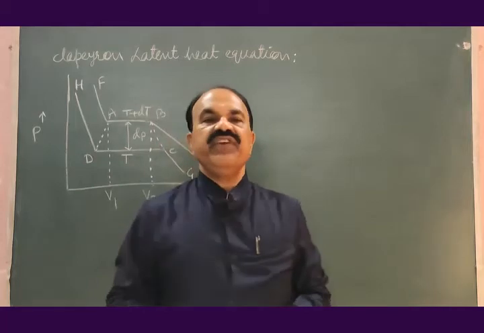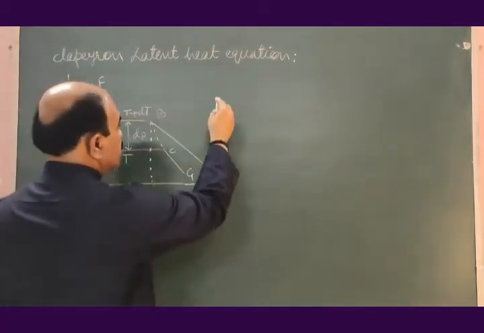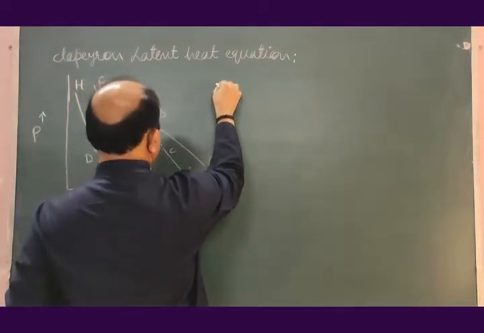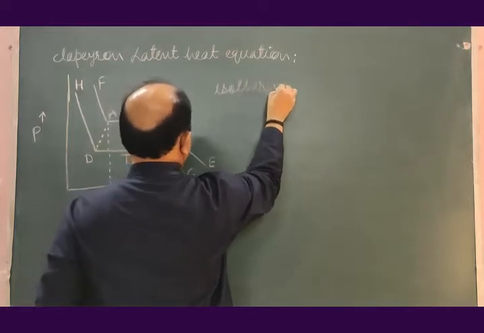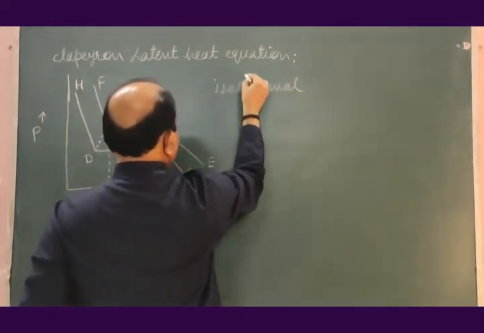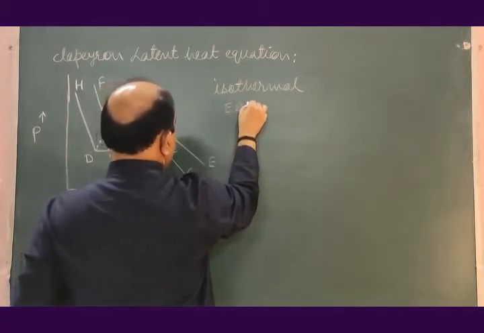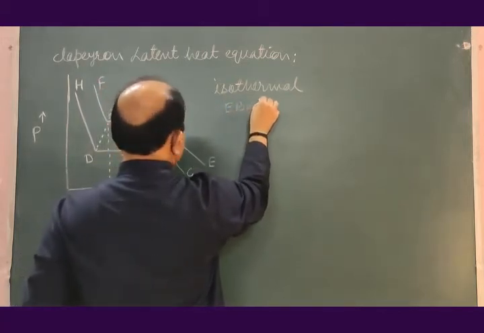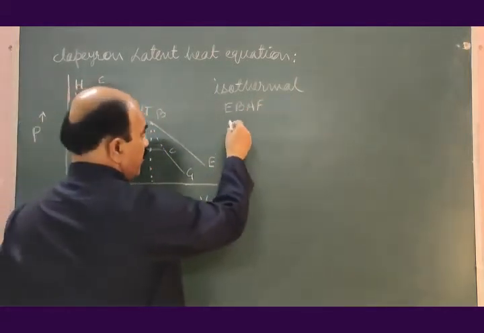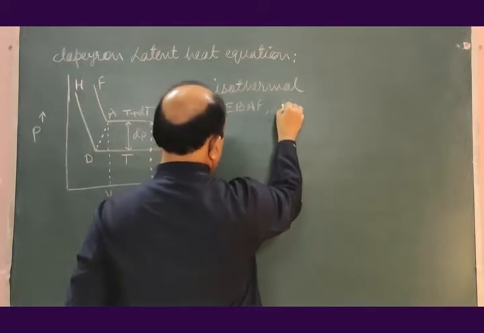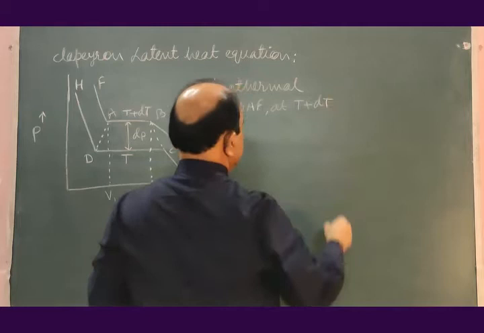as the PV indicator diagram. In this diagram, let us consider the isothermal EBAF at temperature T plus dt.